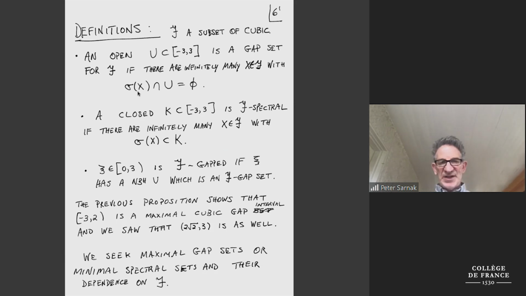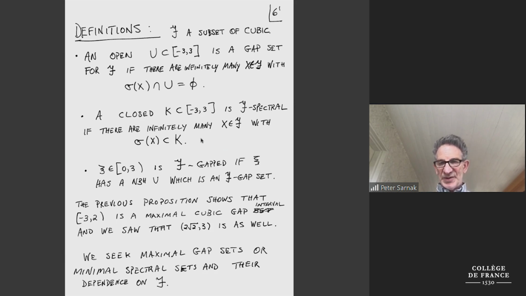So we've already seen some gap sets like this. The complement, I'll just call a spectral set, because sometimes it's easier to state the theorems in terms of this complement. So a closed set K is F spectral if there are infinitely many elements in F, all of whose eigenvalues are contained in K. So I want to make big gap sets and small spectral sets.